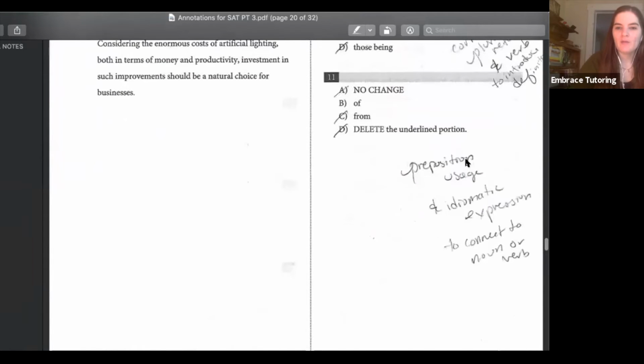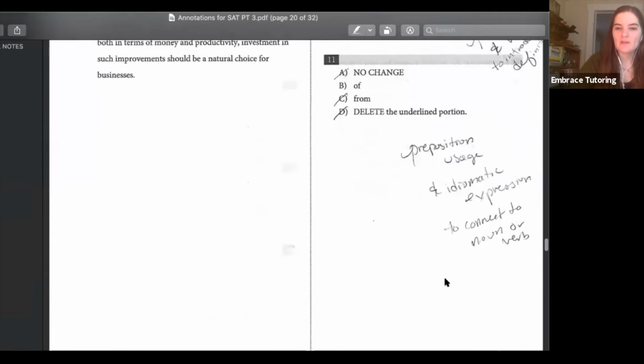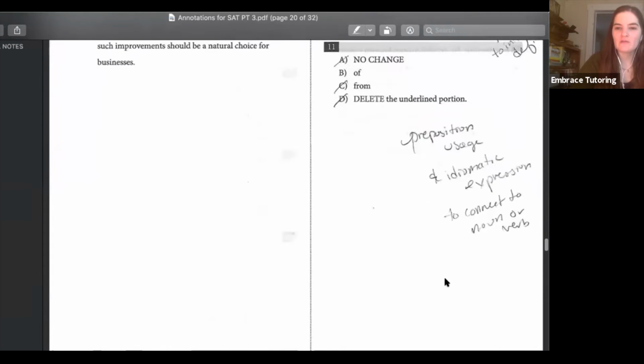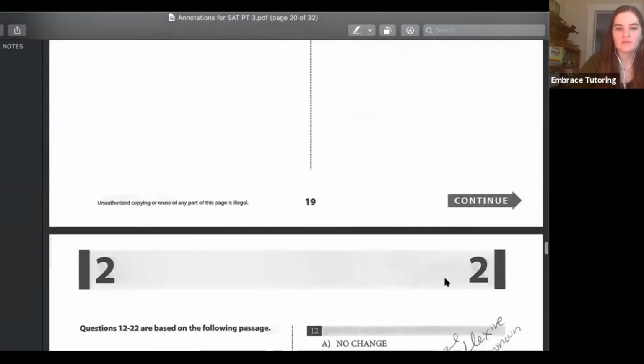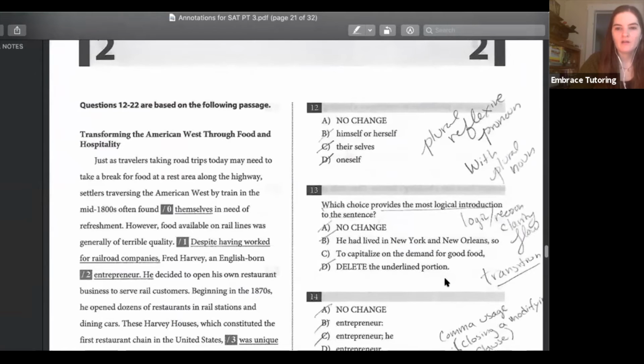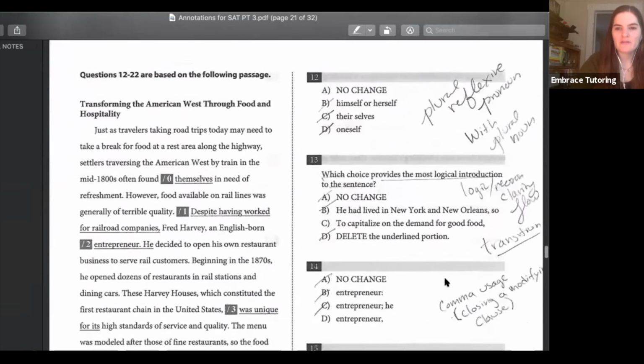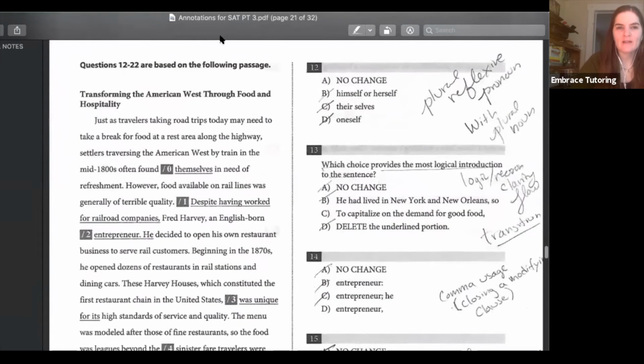And then we have preposition usage and idiomatic expression to connect to nouns, to noun or verb. I think a lot of these are relatively straightforward. Did anyone have specific questions or numbers from the writing and language test for practice test 3 that you want to go over?